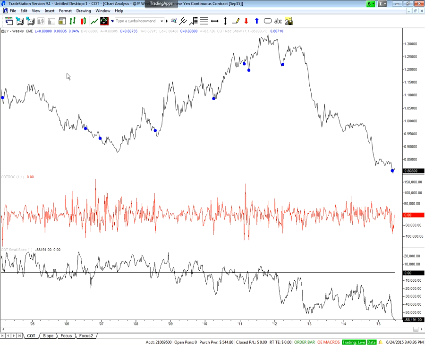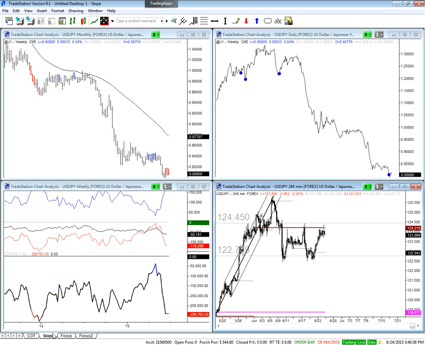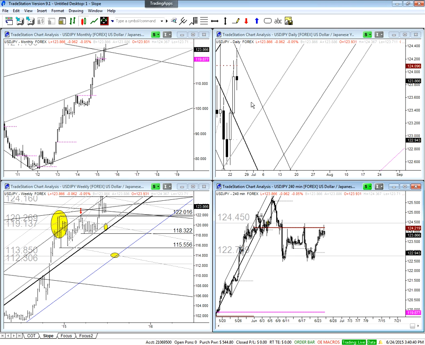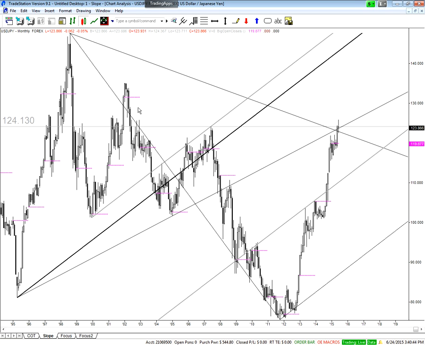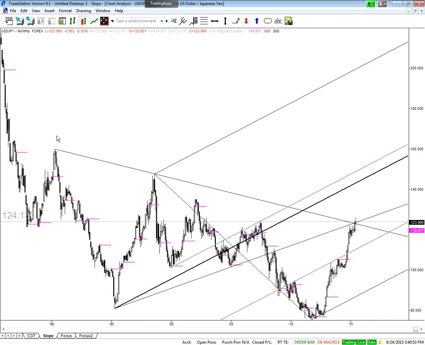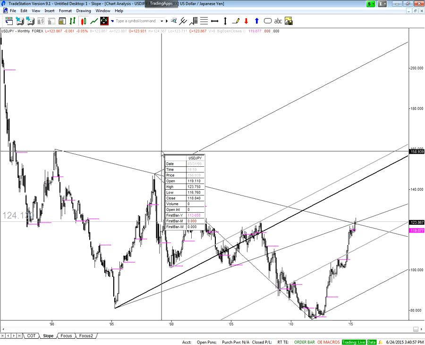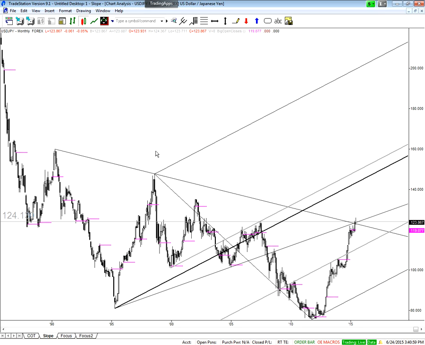Technically, the way we're trading it here, we're currently short dollar yen. I'll look at the daily and the short-term stuff in just a second. But this is a monthly chart, and I wanted to point out the massive confluence we have. This is a trend line that goes back to the 1990 high, as well as the 1998 high.